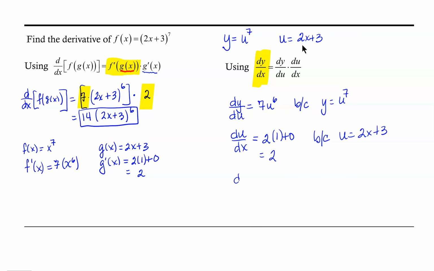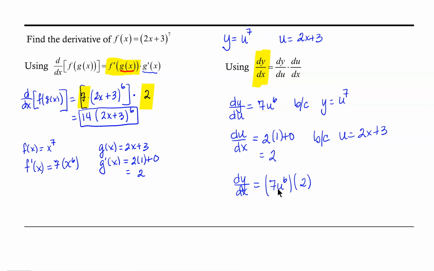So now our dy dx is equal to the product of those two derivatives: 7u to the 6th times 2 for our du dx. Now there's one last thing that we should do, and notice that this is a derivative with respect to x, which means that in my derivative, my independent variable should be x rather than u.